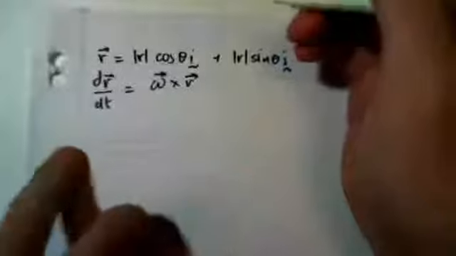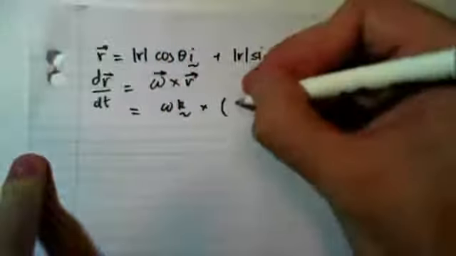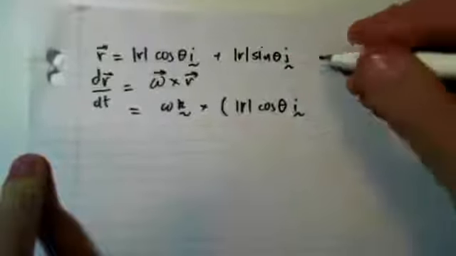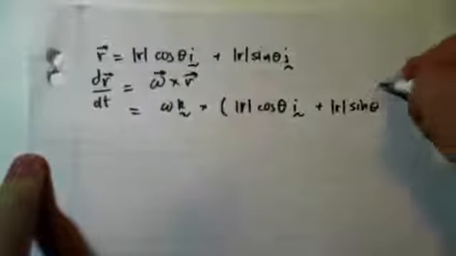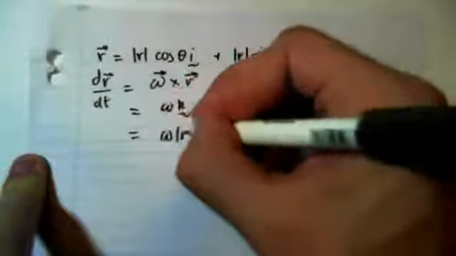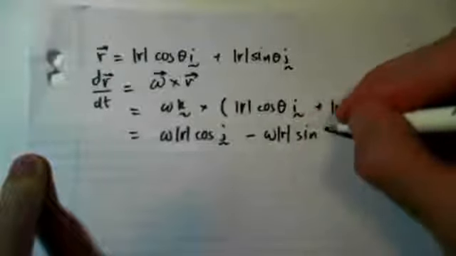The reason for this is, if we substitute in omega k cross the magnitude of r cosine theta i plus the magnitude of r sine theta j, we end up getting omega magnitude of r cosine theta j minus omega magnitude of r sine theta i.